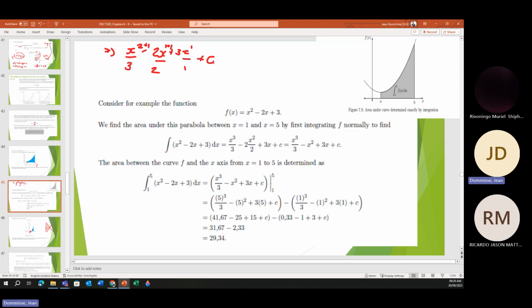We're going to add a C, but the C will disappear in the end. Let me show you, let's quickly rewrite this so that you can see what I mean with that.